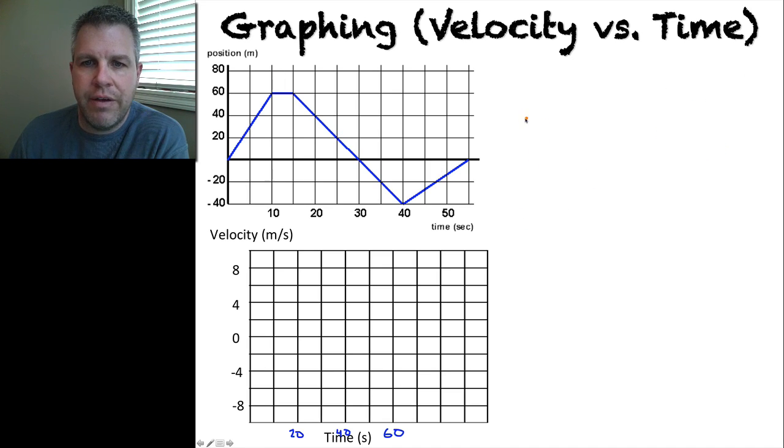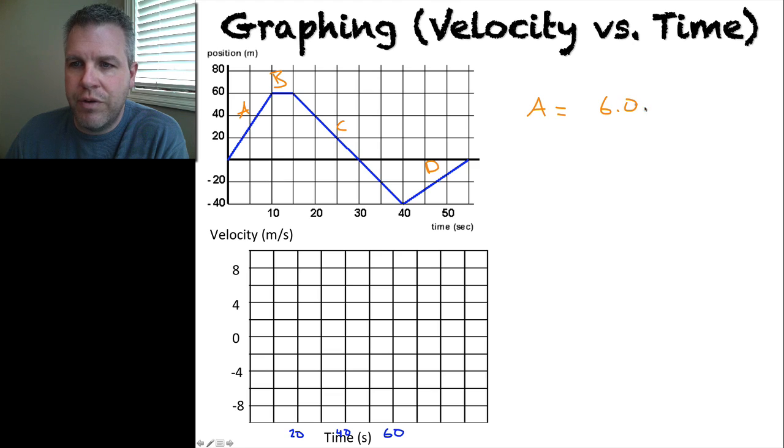Okay, so now that we've calculated the slopes of each section, I'm going to write them down here again: A, B, C, and D. So the slope of each segment, that's what I need to do before I put any of the information on the velocity versus time graph. So segment A has a slope of 6.0 meters per second positive.